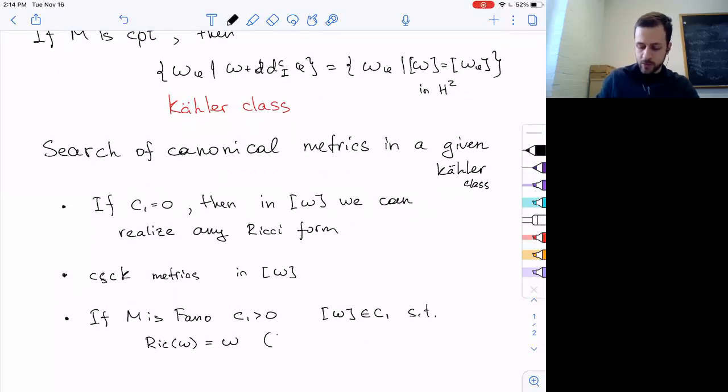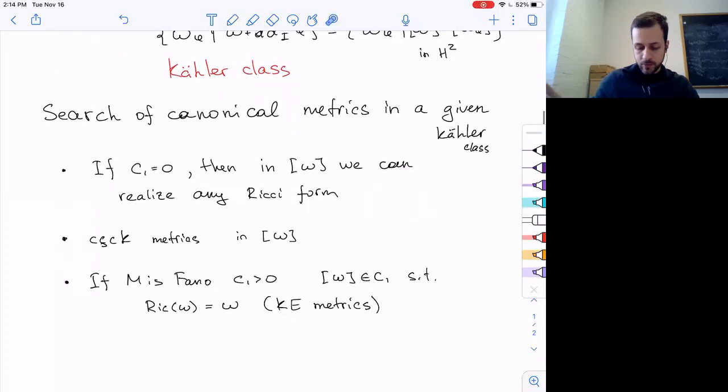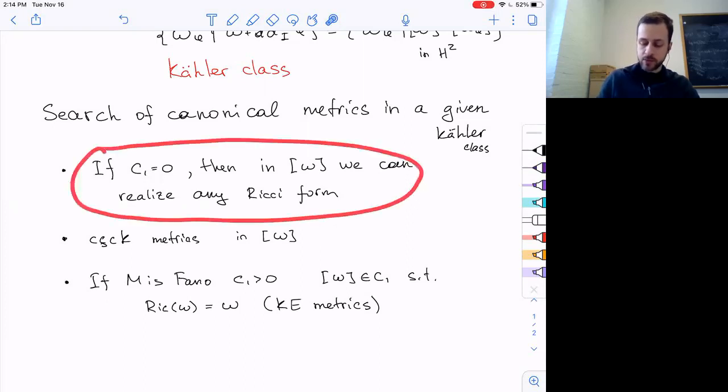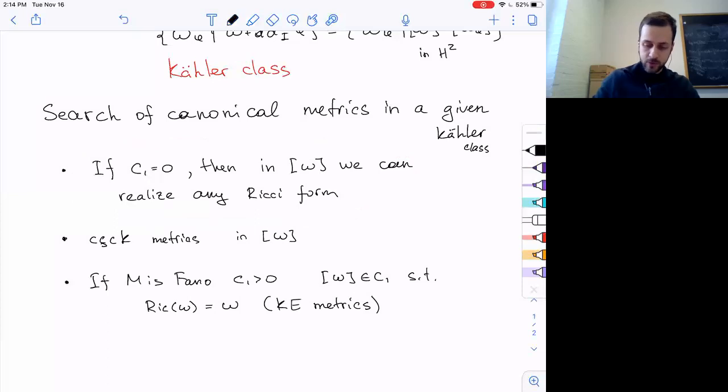And this is a Kähler-Einstein metric. There are many other types of metrics which people are interested in. There are Kähler-Ricci solitons, shrinking Kähler-Ricci solitons related to Kähler-Einstein metrics. There are complete steady Kähler-Ricci solitons, basically generalizing Calabi-Yau metrics. And in all these cases, we essentially look for canonical metrics in a given Kähler class.